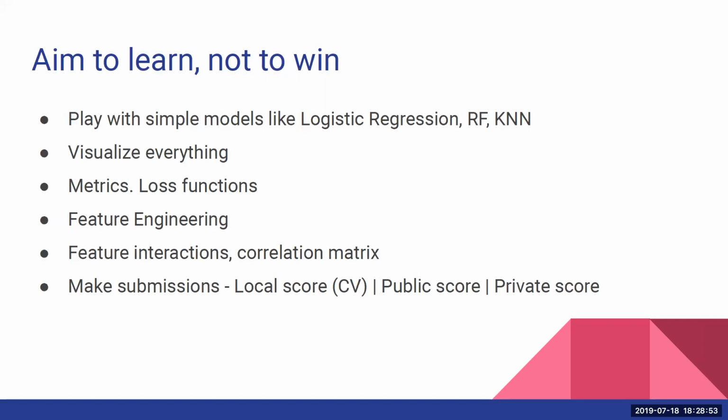Metrics and loss functions, that's the other thing you could probably take a look at and play around with. There are different ones, and some of them work better for your exact competition, some of them not really. So it's worth taking a look. Feature engineering, yes, I think in the very beginning it's really interesting to try. So you can generate more data from what you have at the moment. You can remove some features, you can combine them somehow.